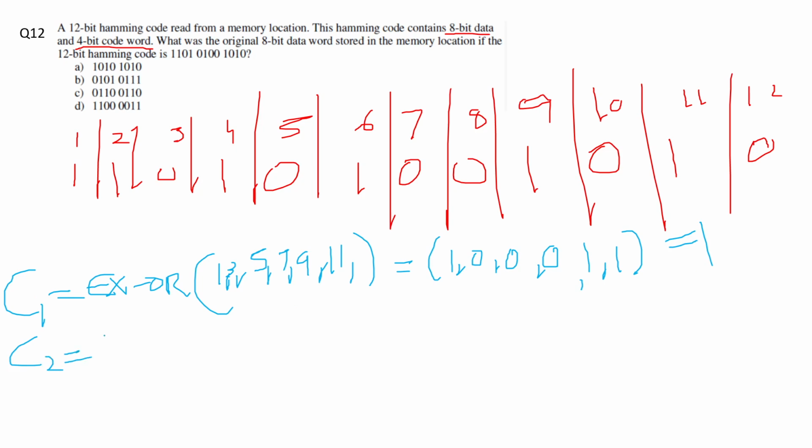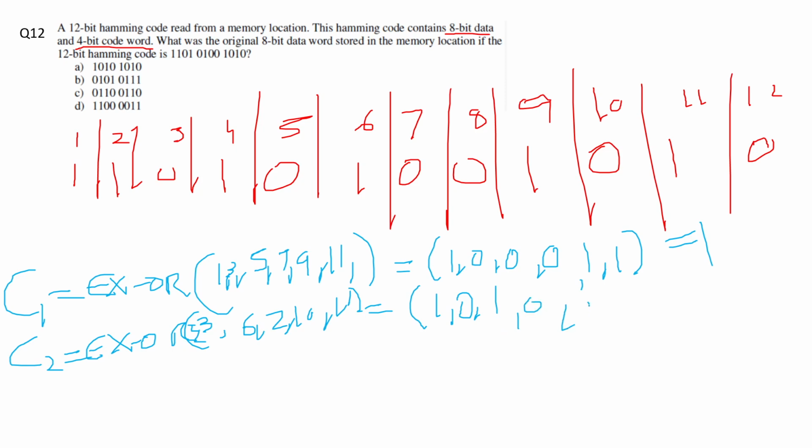C2 is equal to the XOR of 2 3 6 7 10 11. It is 1 0 1 0 1, so this thing is again 1.